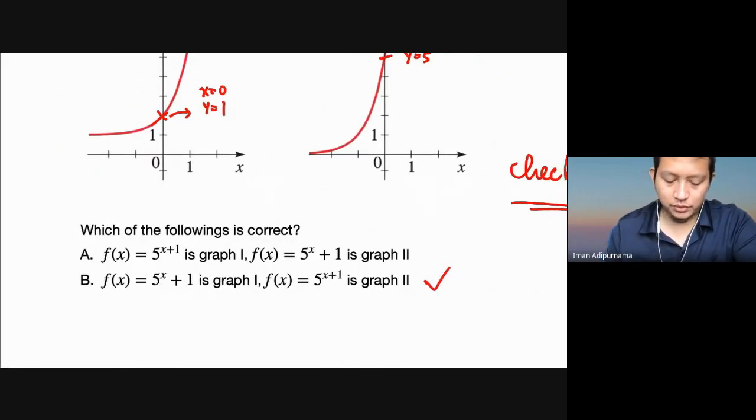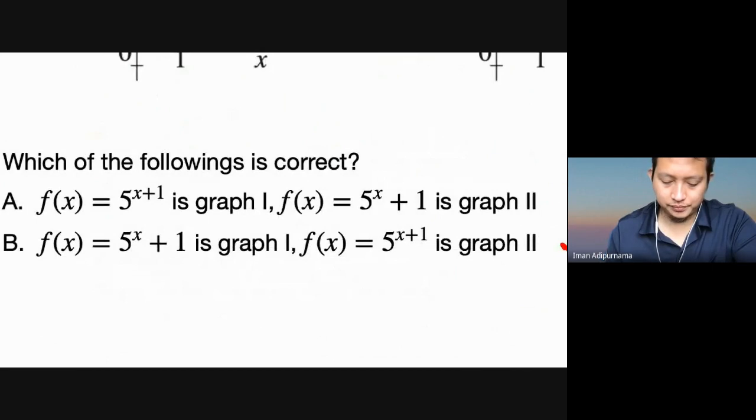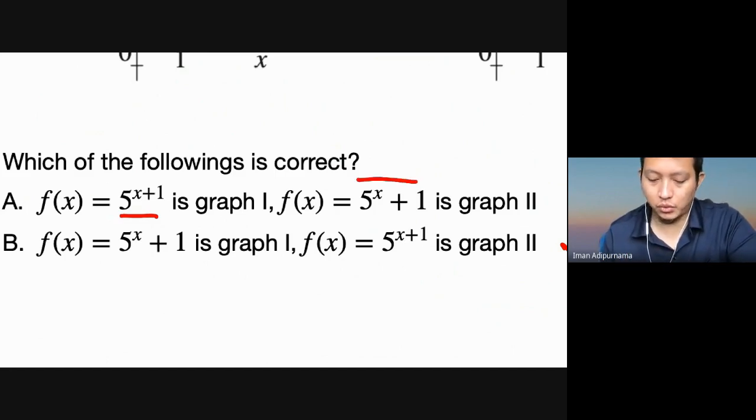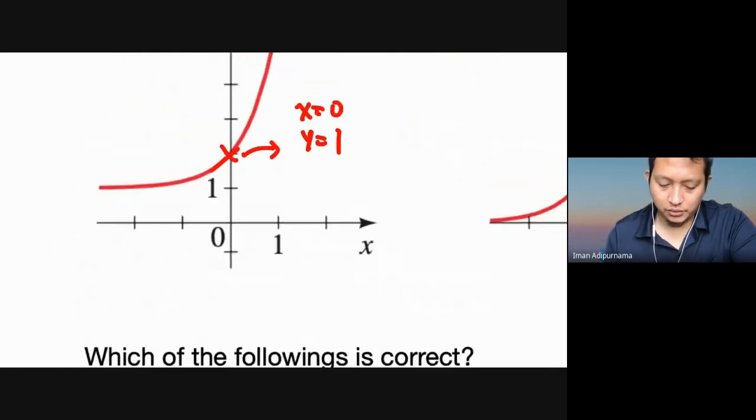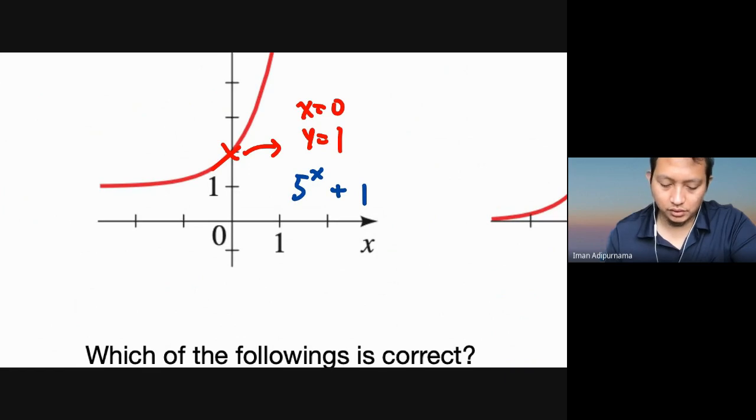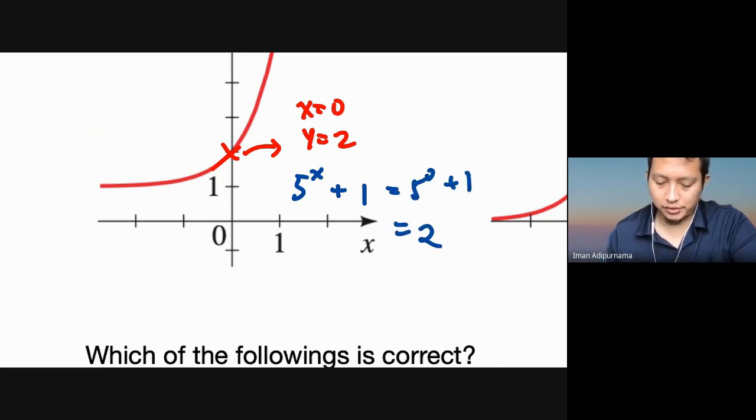And we have two kinds of functions, 5 to the power of x plus 1 and 5 to the power of x plus 1. So if you want to get this 1 here, probably you will have 5^x plus 1, right? Sorry, it's not 1, it should be 2.